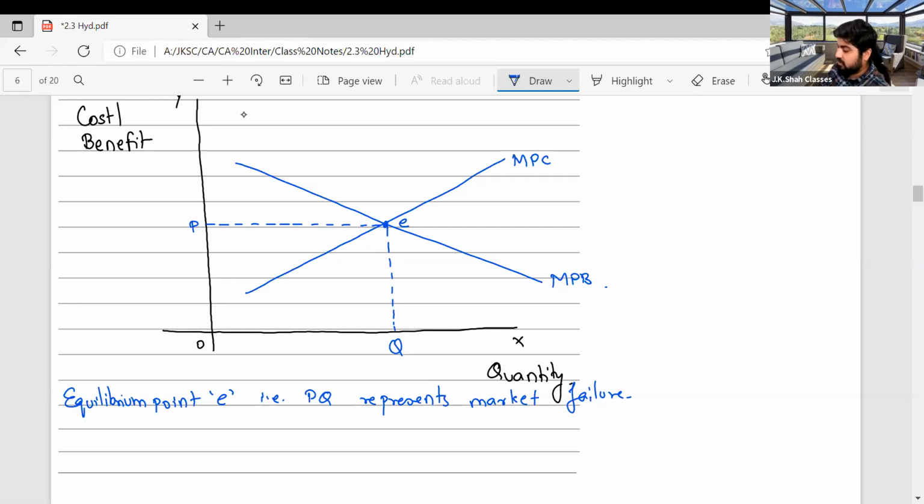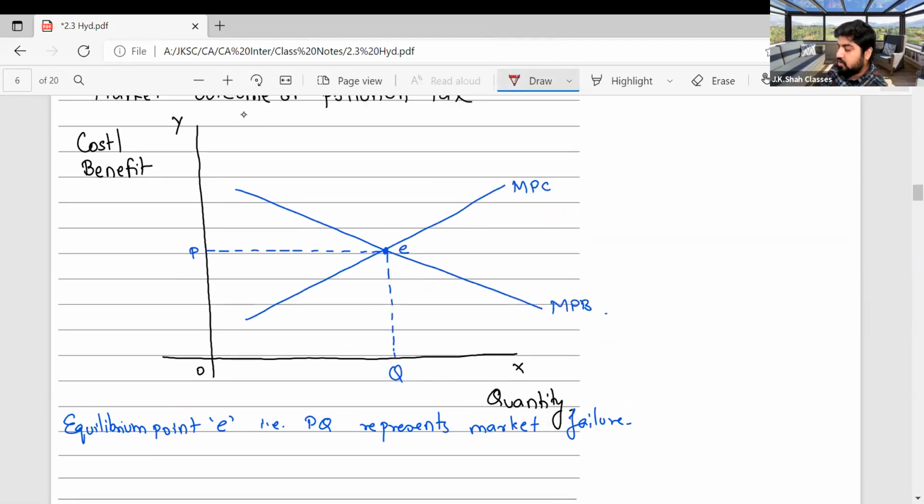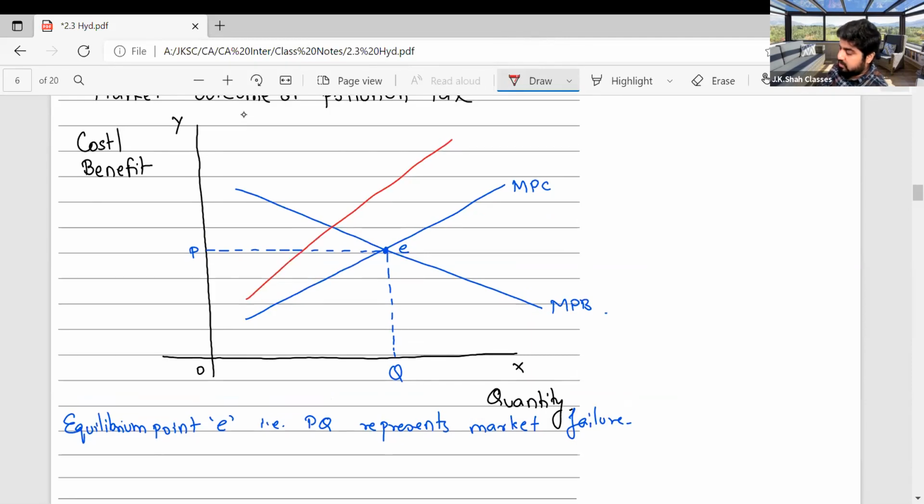Now in this case, friends, the damaging part is that the social cost is greater than marginal private cost. Correct, no? So if this is my marginal social cost, so at this point quantity Q, I am getting the new equilibrium here. Let's suppose this is nothing but T. So ET is my external cost.